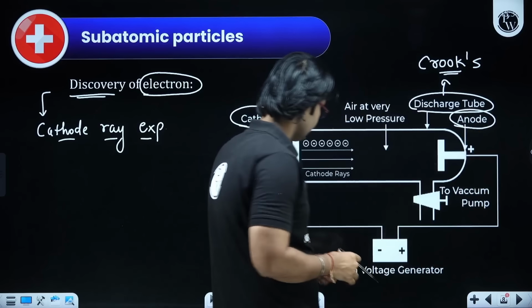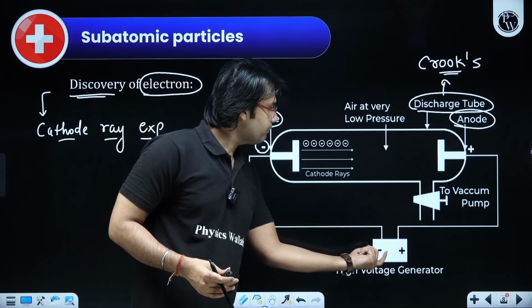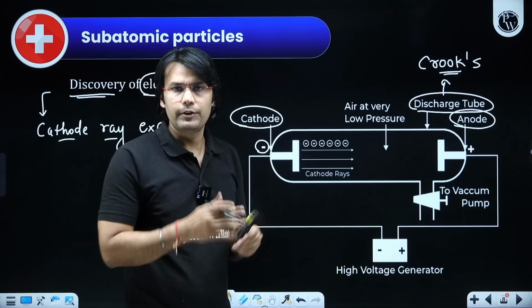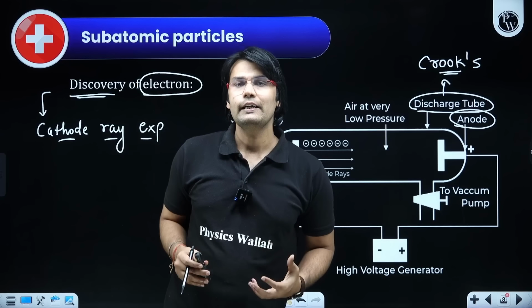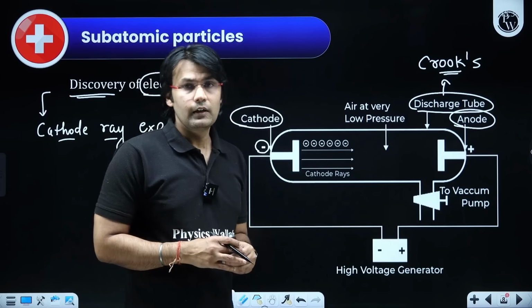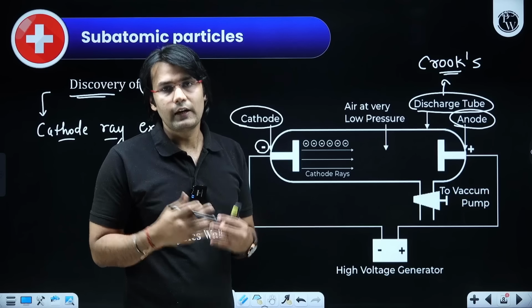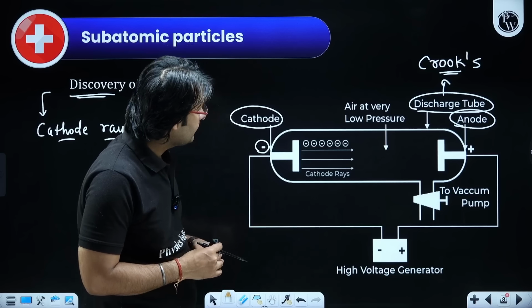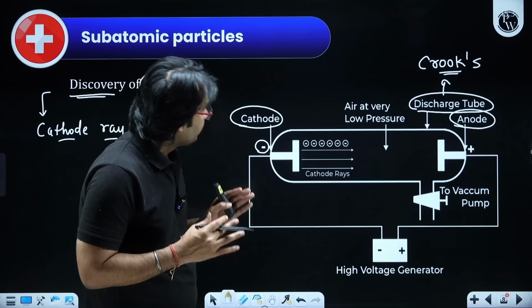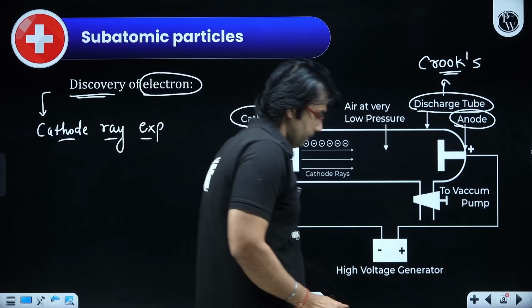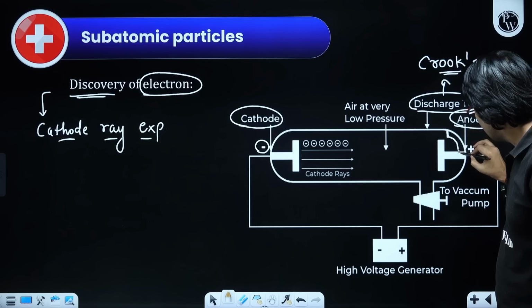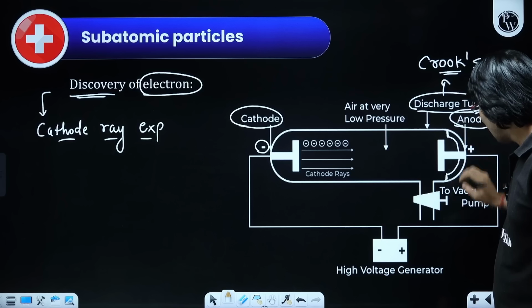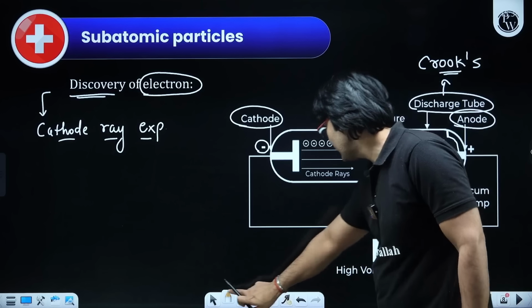Now, when you switch on the power supply, something happens between your cathode and anode. But you cannot see that immediately with your naked eye, right? How can you see that? If you put a fluorescent screen behind the anode, as when this experiment was initially performed.